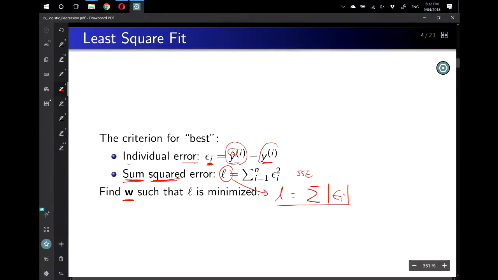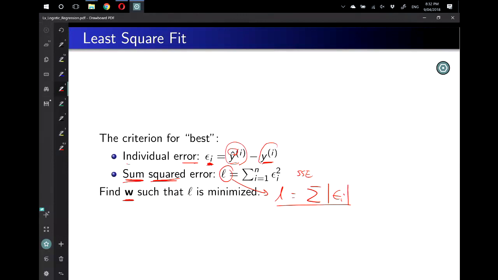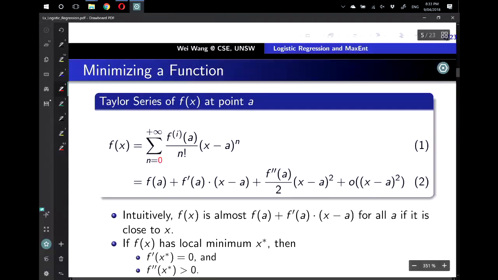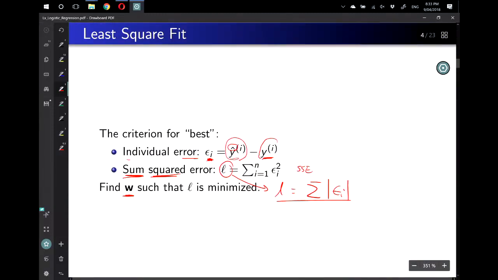So with all these things defined, then we actually have a defined problem. So we can find W such that this corresponding loss over all the observed data is minimized. Okay? So how to minimize a function? This loss is going to be a function of this W, essentially. The function will be very complex, like the sum from 1 to n of W transpose x^i minus y^i. Again, I think in my notation, i is in the superscript.